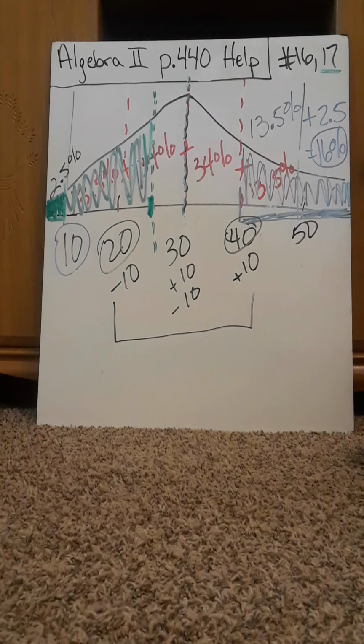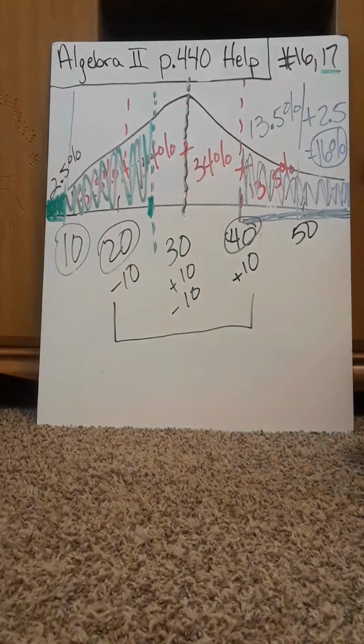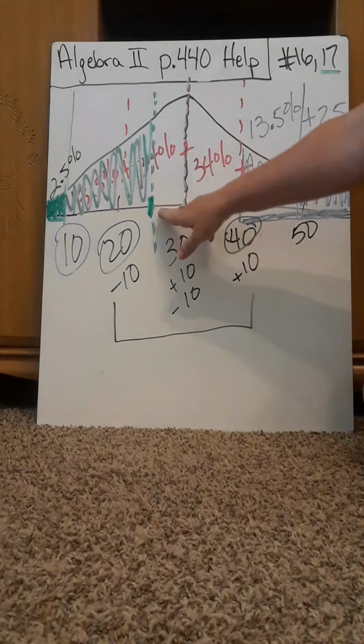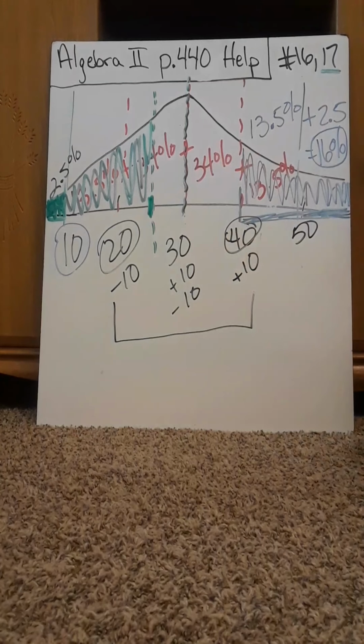We know that this section is 13.5, this section is 2.5, and 25 is right in the middle. So you could make a pretty good estimate of this problem.